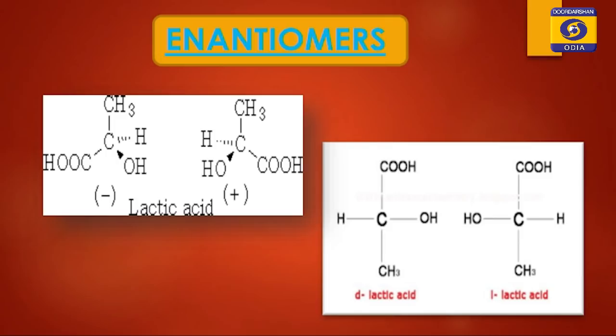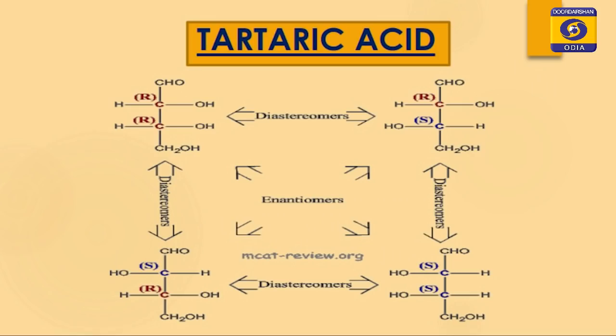Okay. So, let us go to read the next slide. This is tartaric acid. Tartaric acid is present in tamarind. Tartaric acid has 4 carbon atoms. Try to understand: this is an aldehyde group, this is not a chiral center. This carbon atom is a chiral center because it is attached to 4 different groups. This carbon atom is a chiral center, this CH2OH is not a chiral center.